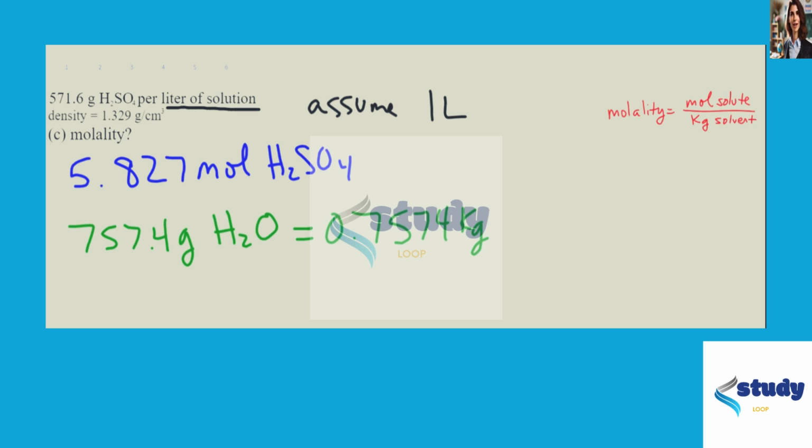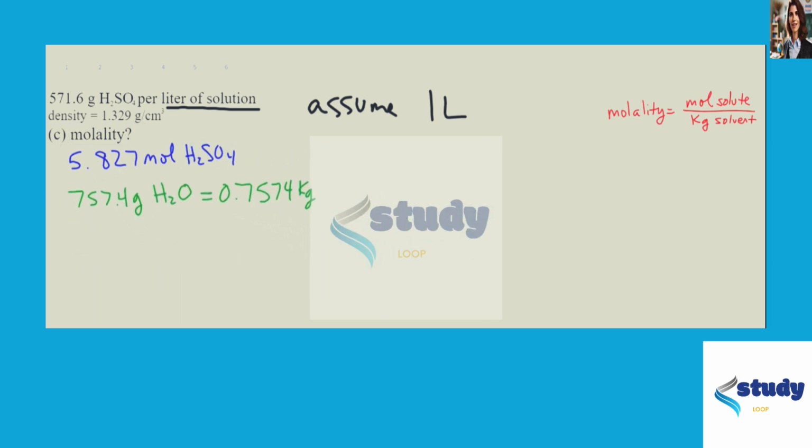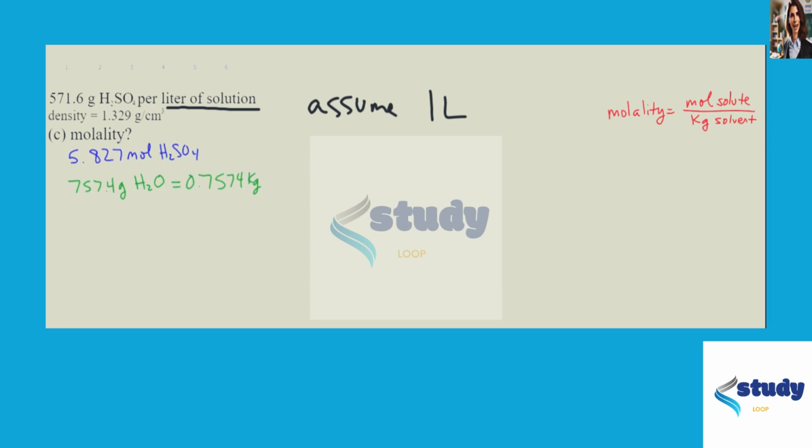So if I have moles of sulfuric acid and kilograms of water, that's my solvent. Then I can calculate the molality as 5.827 moles of H2SO4 divided by 0.7574 kilograms of solvent.